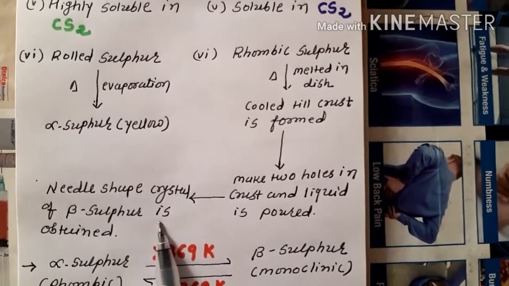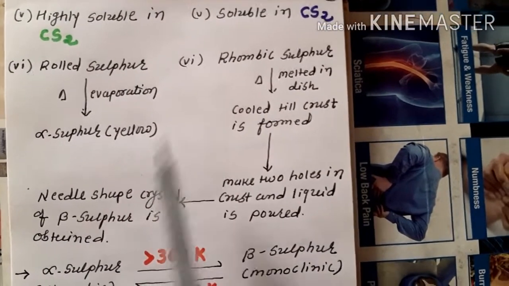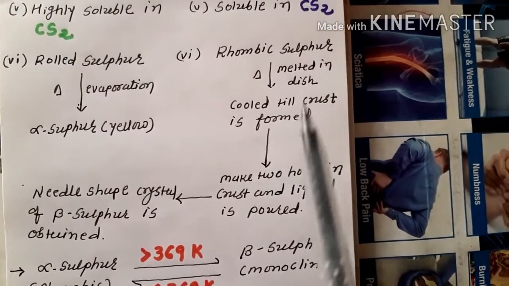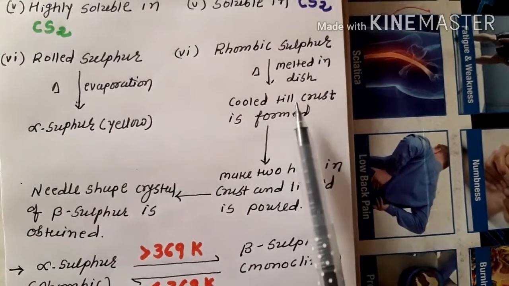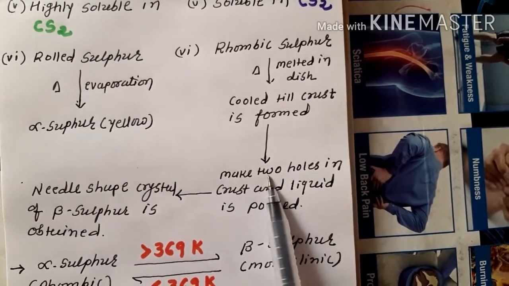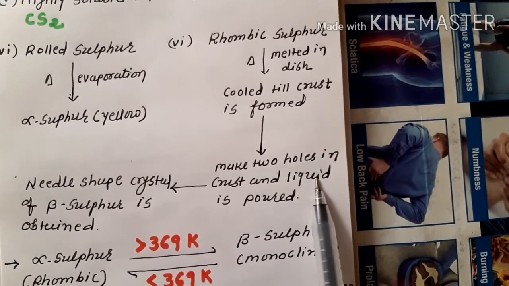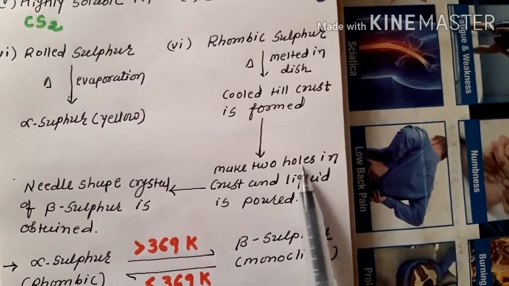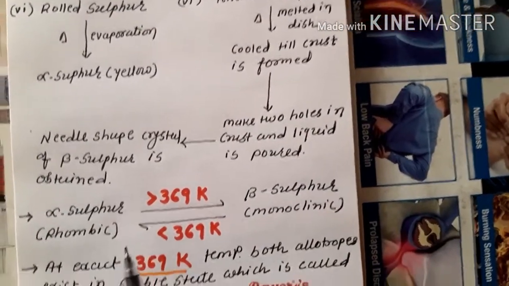It is called beta sulfur, or you can say the monoclinic sulfur is obtained. So first it is melted, then cooled, the upper part becomes hard, from the hole the downside liquid is poured out, and this upper crust is nothing but the beta sulfur.